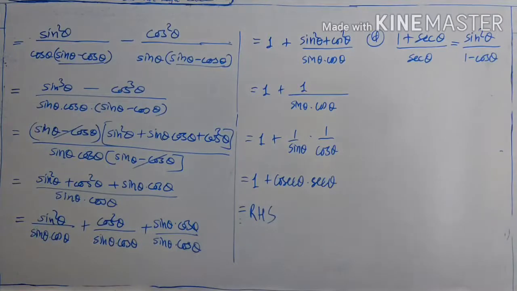So here the left hand side is 1 plus sec theta upon sec theta, and the requirement is sin square theta upon 1 minus cos theta.